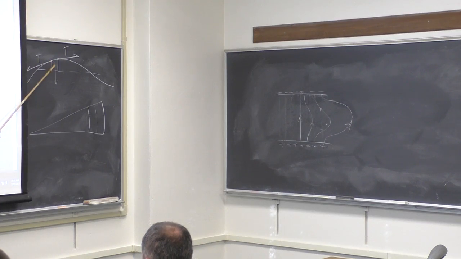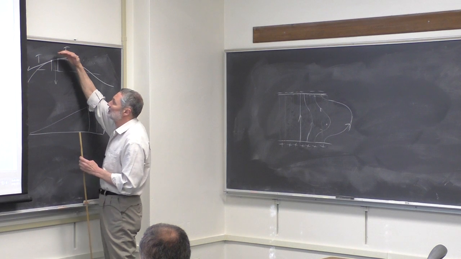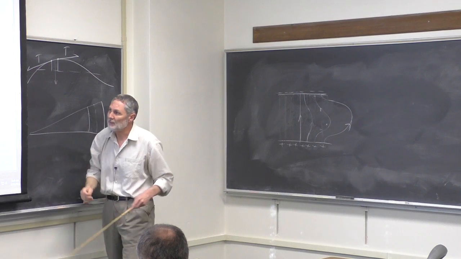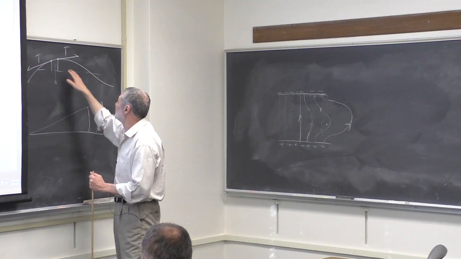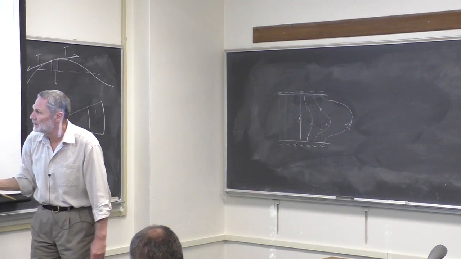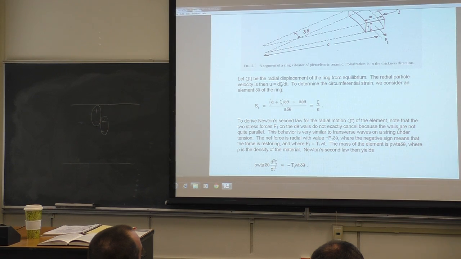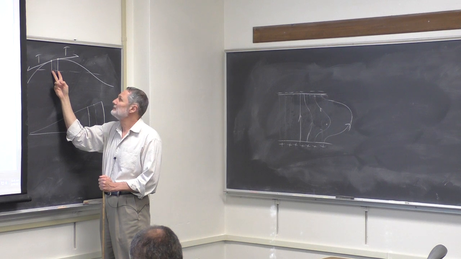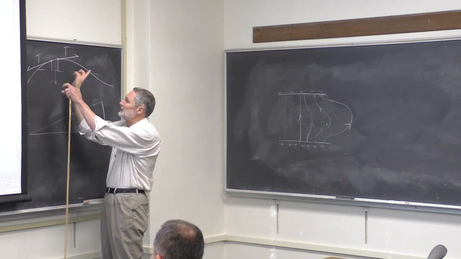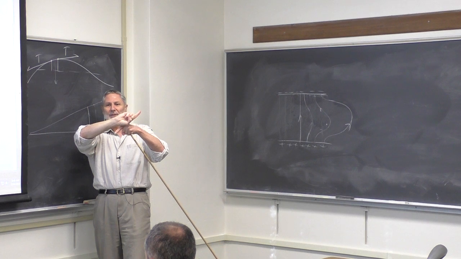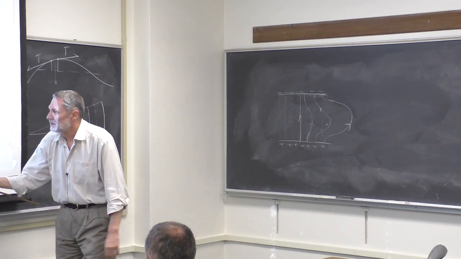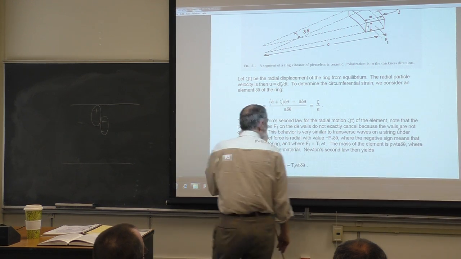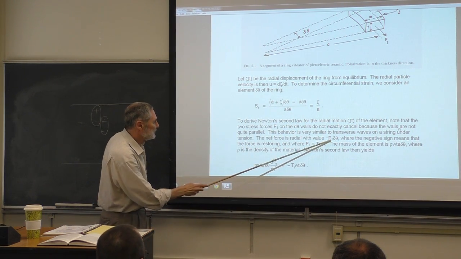It's going to be restoring. So for a positive displacement, the force is this way. For a negative displacement, the force is that way. So we have a minus sign. It's proportional to the tension, which in our case we're calling F1. And it's proportional to this distance here. As you shrink this down, the force is going to go to zero because these will become anti-parallel. So this is what you would expect, and this is what you did in 3119. So there's the net radial force.